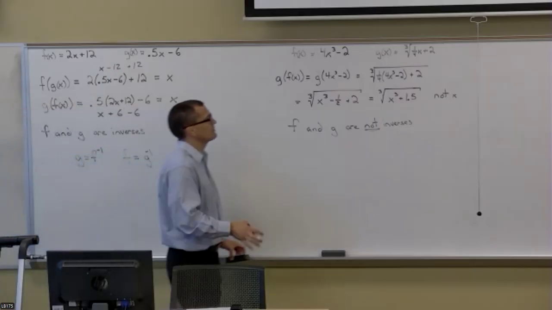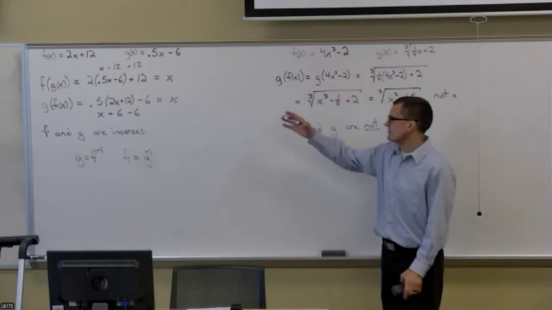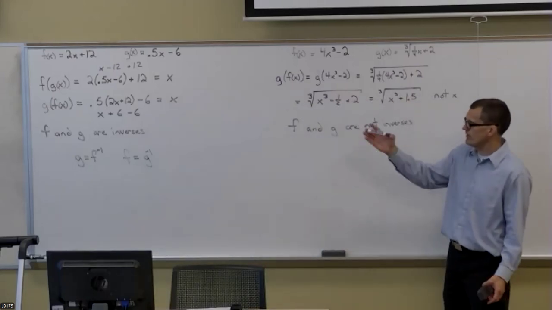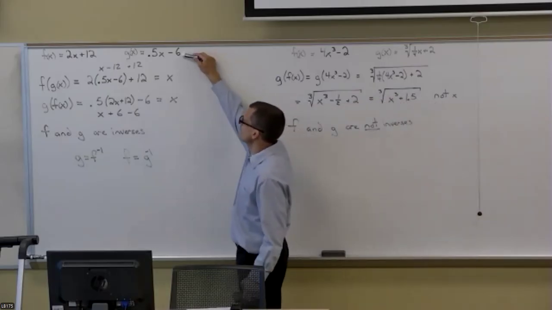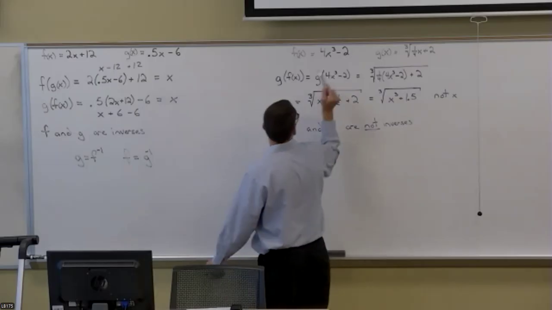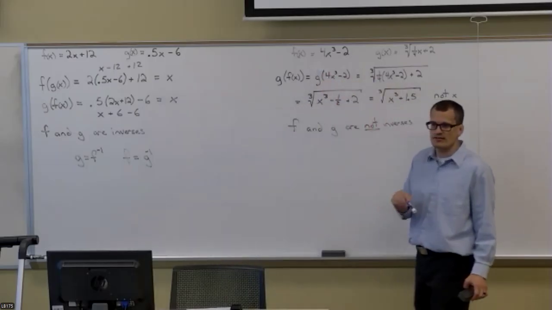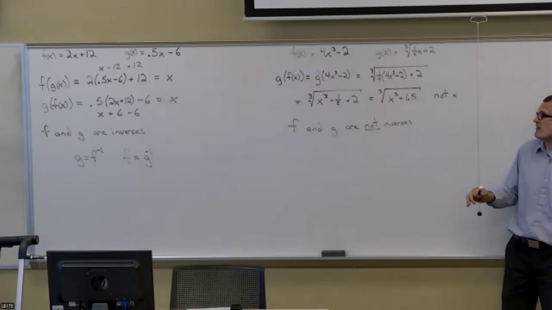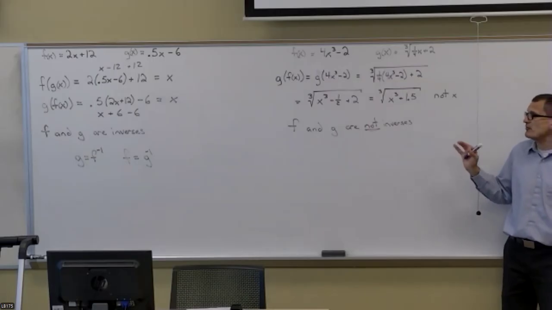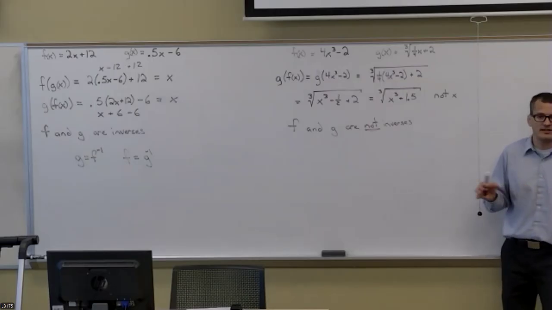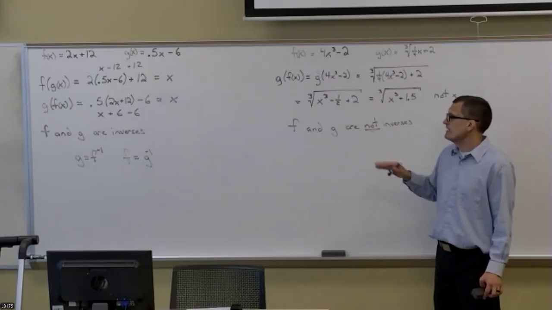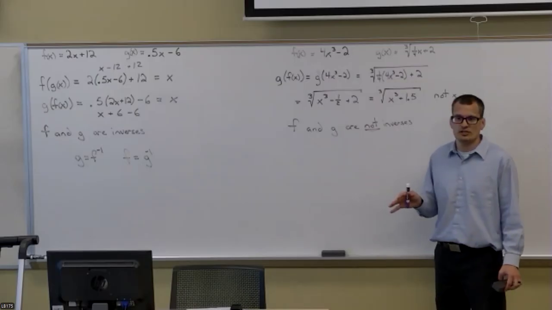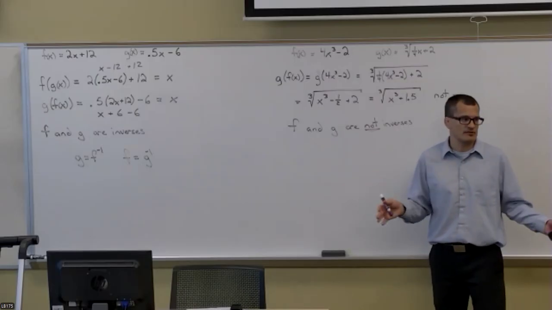So we have inverses and non-inverses. On the first example, F and G were inverses. On this example, F and G were not. Now, interestingly enough, I didn't worry about any domain restrictions on any of these first 4 examples because these were all one-to-one functions on the entirety of the real numbers.